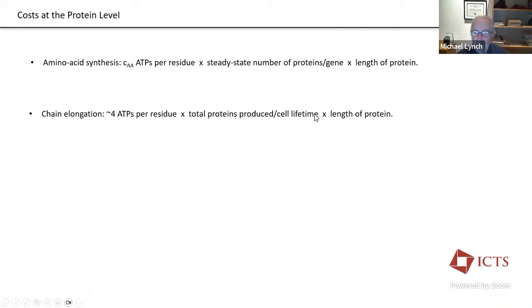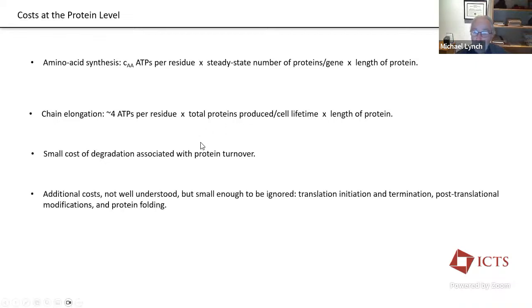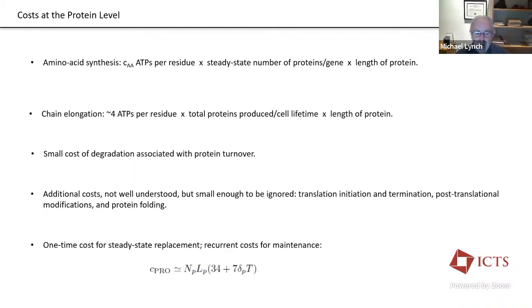We also have to account, again, for the turnover due to protein decay in cells. And there's a small number of other things that are involved. Again, they're out in the second, third decimal place. And you end up with this simple algebraic expression for the cost at the protein level. You might not follow exactly the math here, but it should be intuitive.